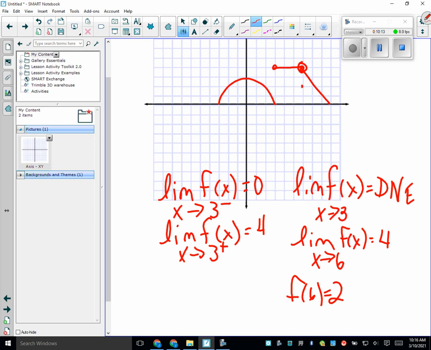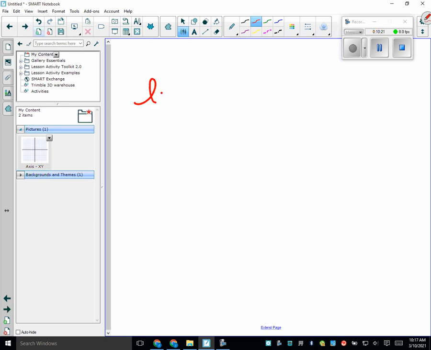Good with that? Okay. No picture this time, just a value. As x approaches 2, do y'all remember this, limits?